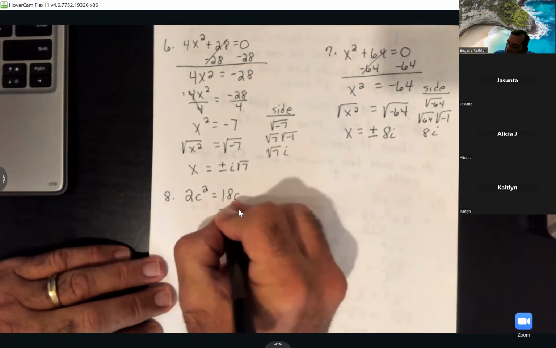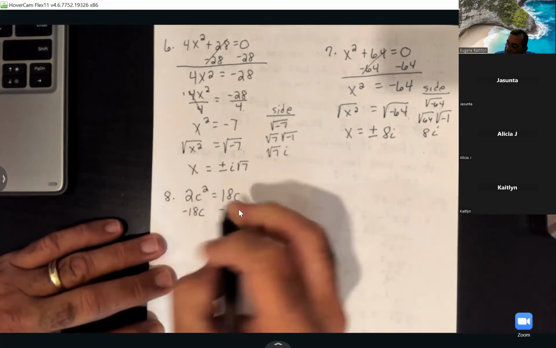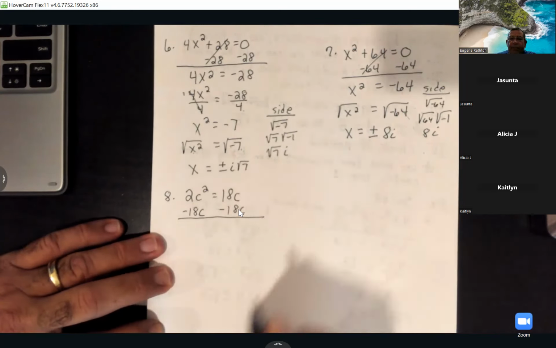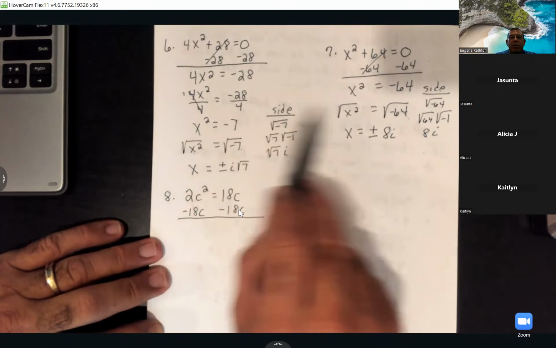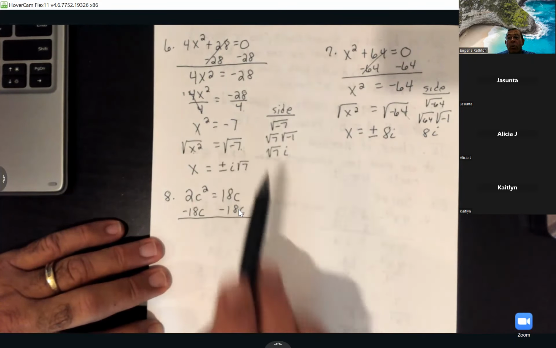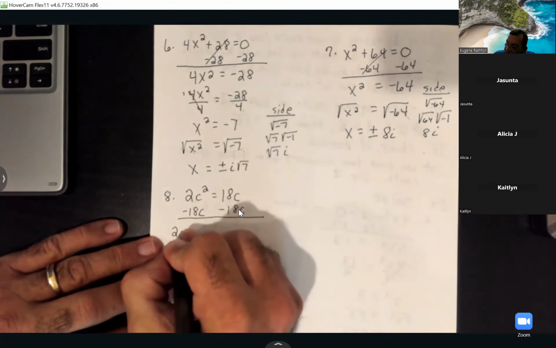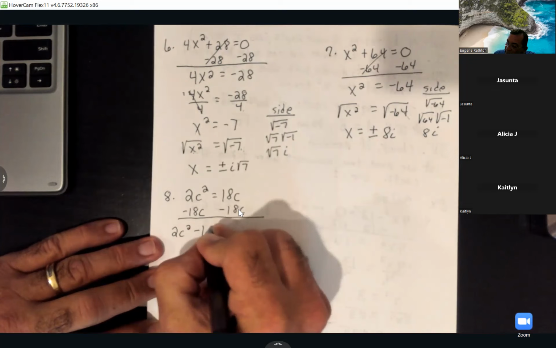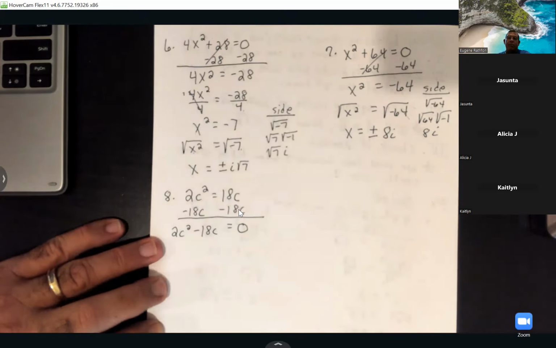So what I'm going to do is subtract that 18c from both sides. So this one is just a tricky one to see what you would do after doing these square root ones, okay? So these are not like terms. So you get a 2c squared minus 18c equal to 0.